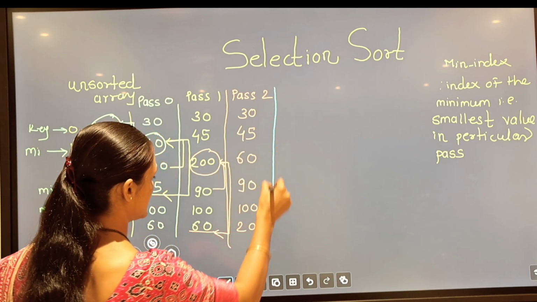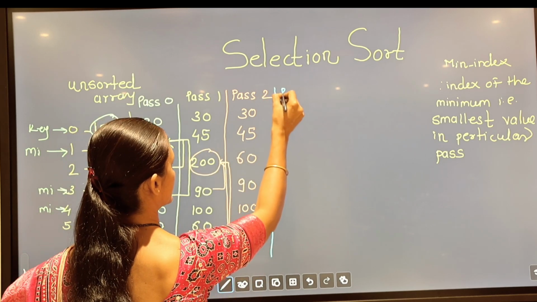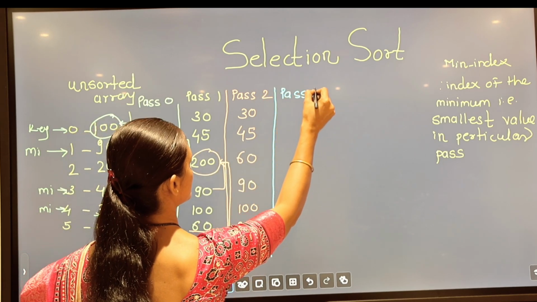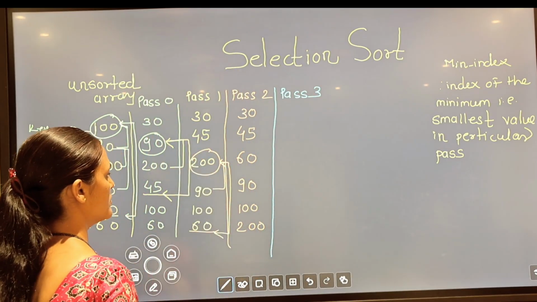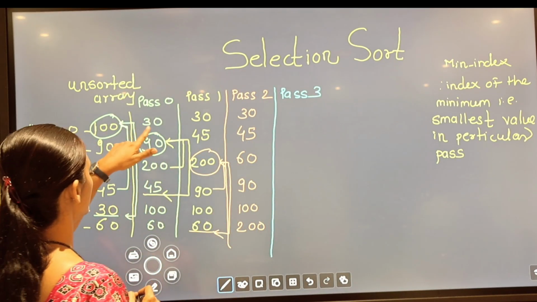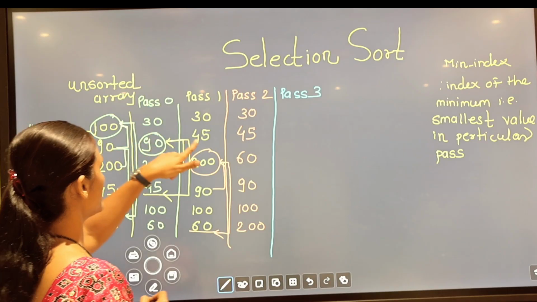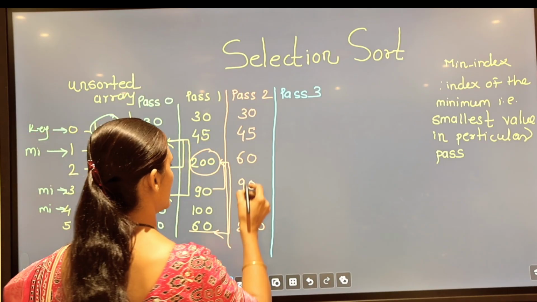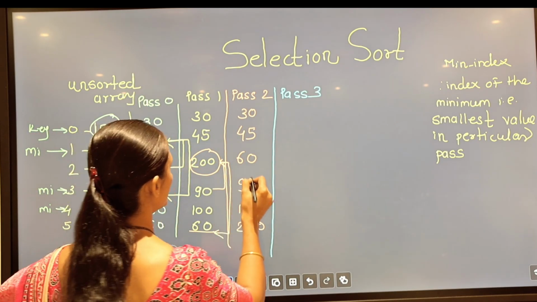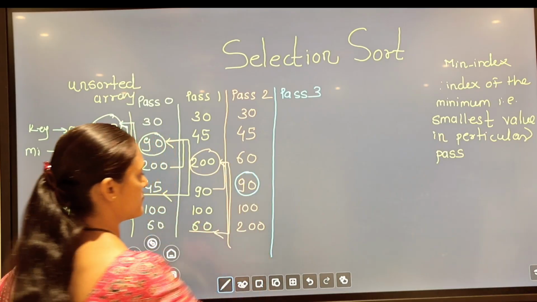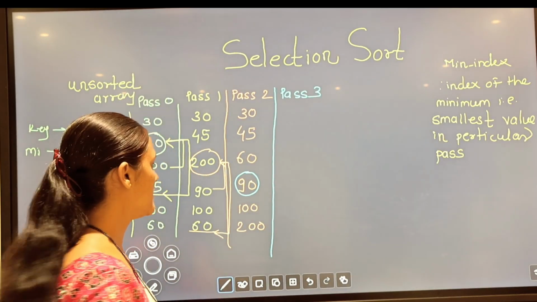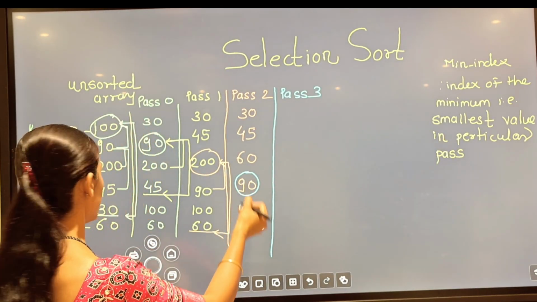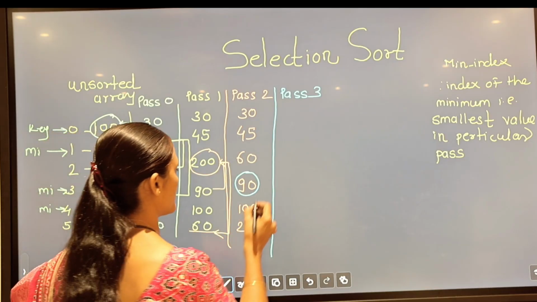So let's see the next pass. It is pass 3. So sequentially here key value 0, key value 1, key value 2. Now it is the third key value, that is 90 is your key value. Minimum index will be at the next position, that is index 4.